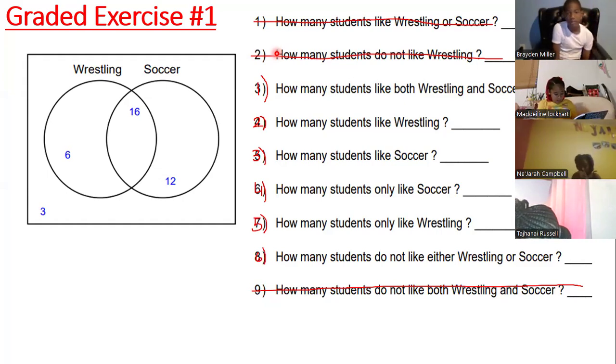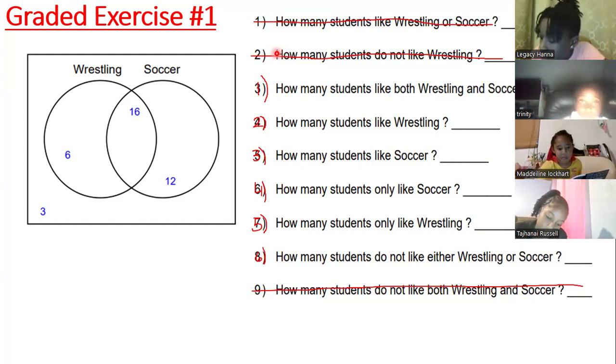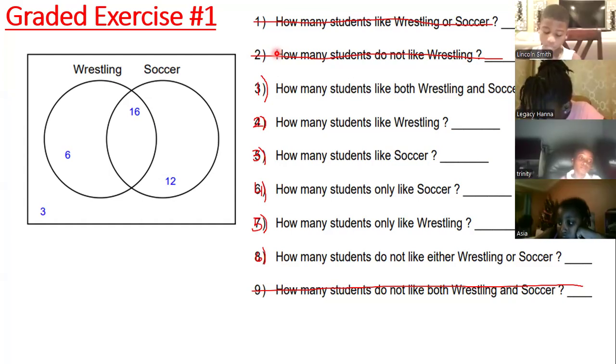Braden, what number are you on? 4. Najara Campbell, what number are you on? Number 3. Madeline Lockhart, what number are you on? Number 2. Trinity, what number are you on? Number 3.